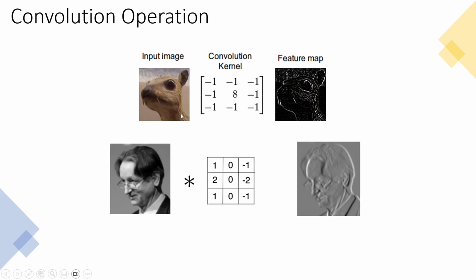And you can think of a tensor as a stack of images. So this is one image, right? If I had a lot of images stacked together, that would be a tensor. And if I apply a convolution operation on that stack, I would obtain, for example, the edges of all the images in that stack.